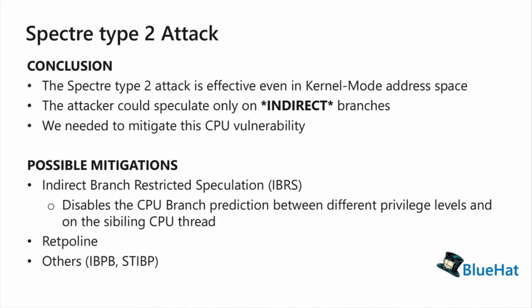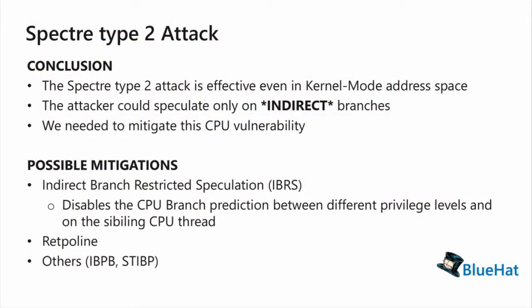The first one has been suggested by Intel, using the indirect branch restricted speculation feature, that disables the CPU branch predictor completely between different privilege levels and even on the sibling CPU thread. So if you have a physical core that is hyper-threaded and runs two different threads, IBRS disables the branch predictor even on the sibling threads.